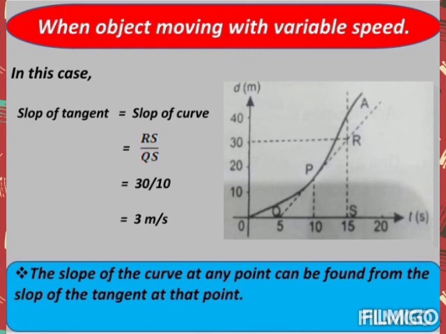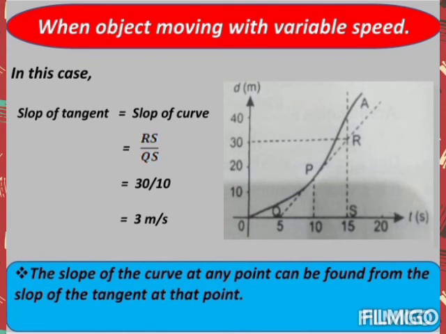Now first of all, we have to use the formula. The slope of the tangent is equal to the slope of the curve. For example, you can see the points R, Q and S. If we observe, there is a right angle triangle RQS.